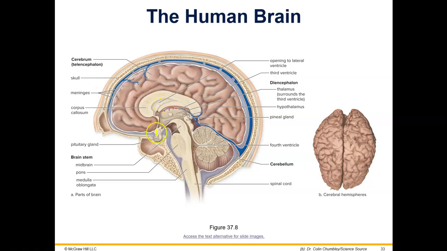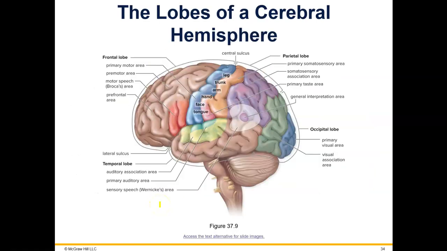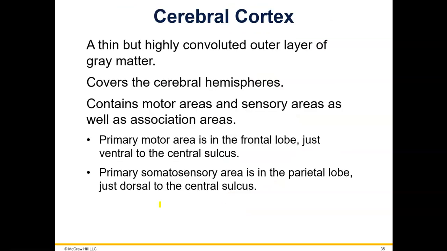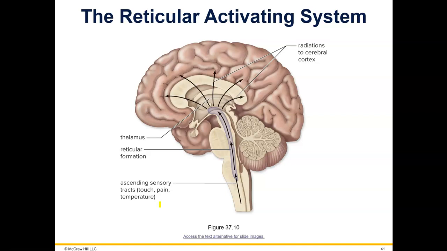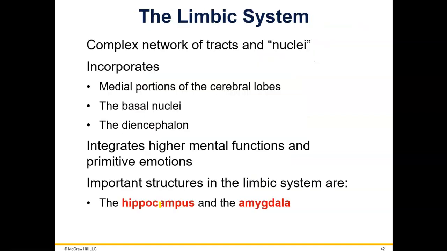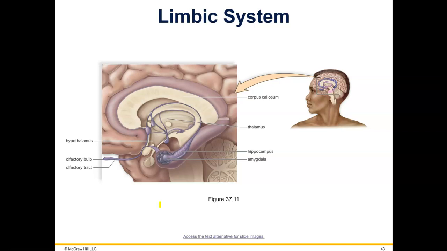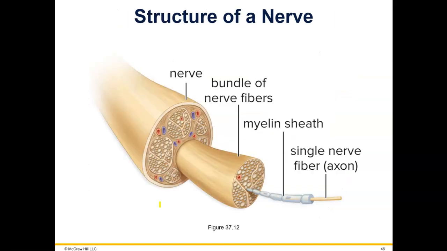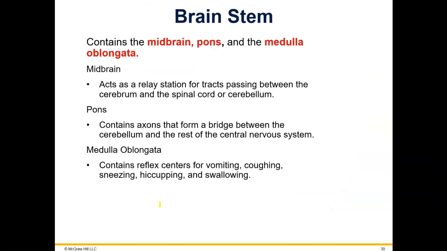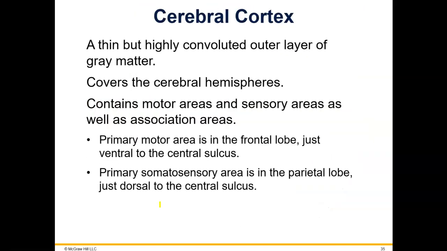You know, it said the ventricles of the brain contain the cerebrospinal fluid. I'm sorry, I'm looking for a picture that shows you the basal nuclei. I don't see one, so we'll just have to learn it without seeing it in the picture.